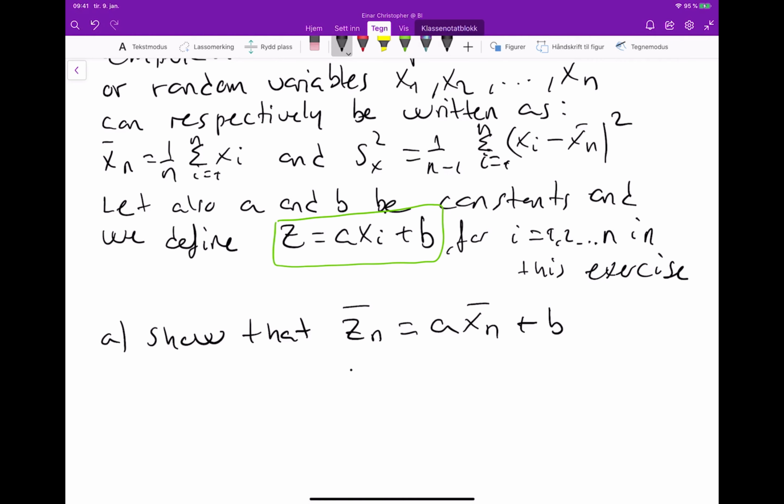So we know that 1 divided on n, sum over i equal 1 to n zi, will give us the empirical average of the zi's. But now we replace the zi with what's in the green rectangle, because zi can be written as A xi plus B.